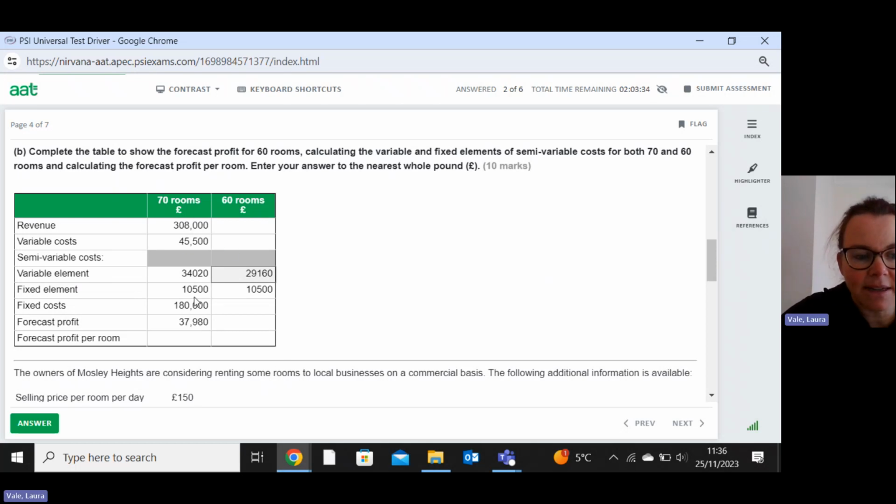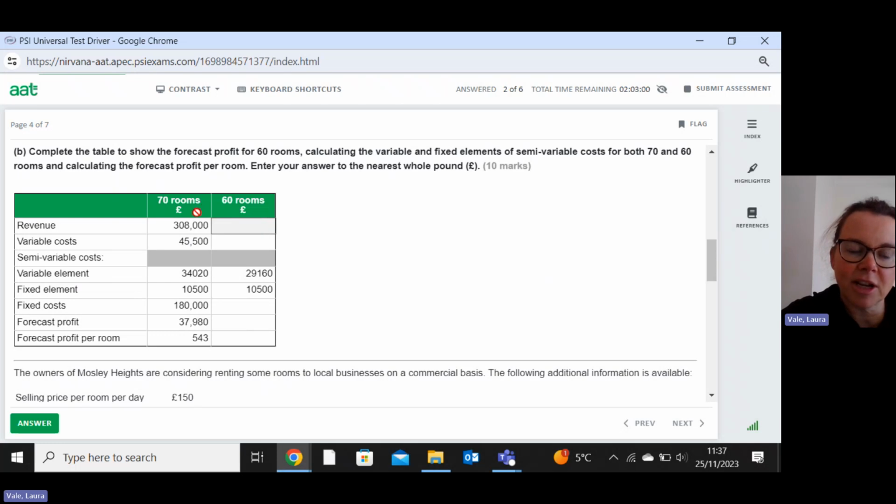Right, let's just go back to the 70 now to get the forecast profit per room. So I've got a forecast profit there of 37,980. So if I just divide that by the 70 rooms, I get 543. Right, so let's do the 60 rooms now. So it's key that it told us that it's the same revenue per room. So we can do 308,000 divide by the 70 rooms to work out how much per room.